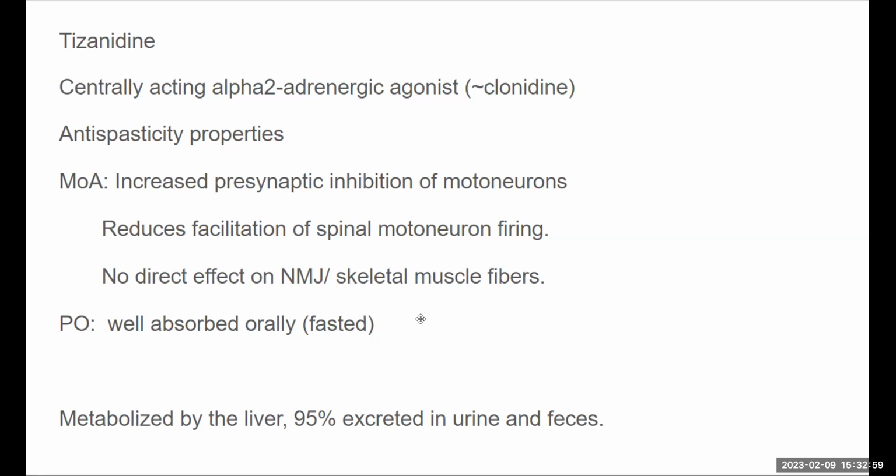It doesn't have any effect on the periphery, which is the neuromuscular junction or skeletal fibers. It is metabolized in the liver, so one has to be cautious in liver impaired patients or people on long-term or high-dose therapy. You might have to use LFT monitoring on them.